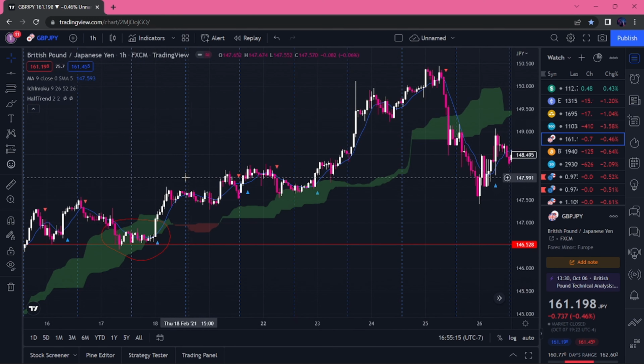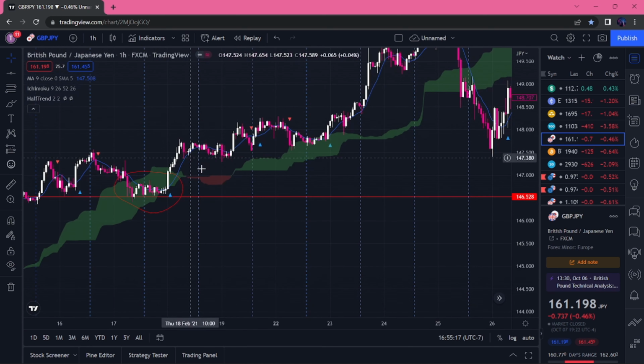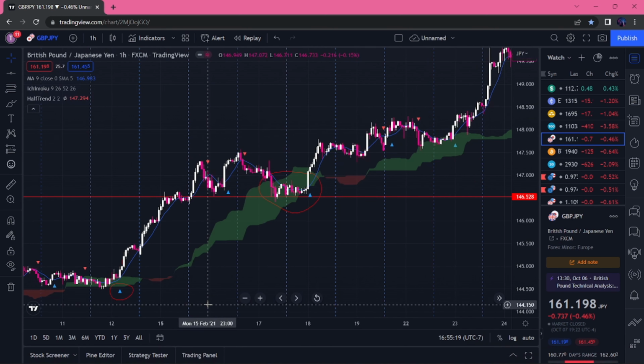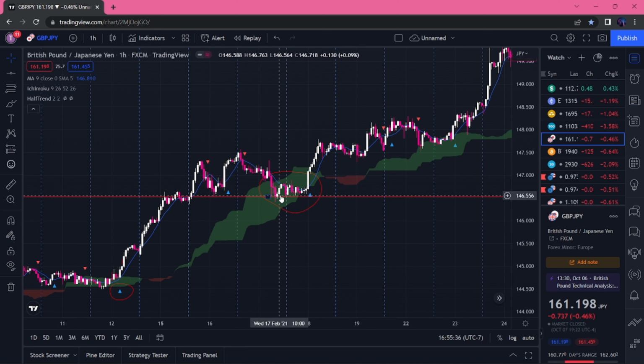Same thing here. When you see consolidation happen in the market, the good thing about consolidation is if you're already in profit and the market is consolidating on you, your profit is going to stay around the same range for a couple hours.